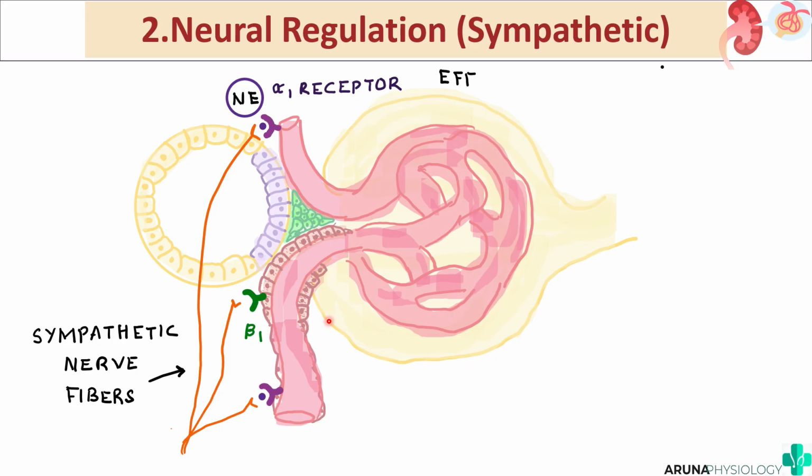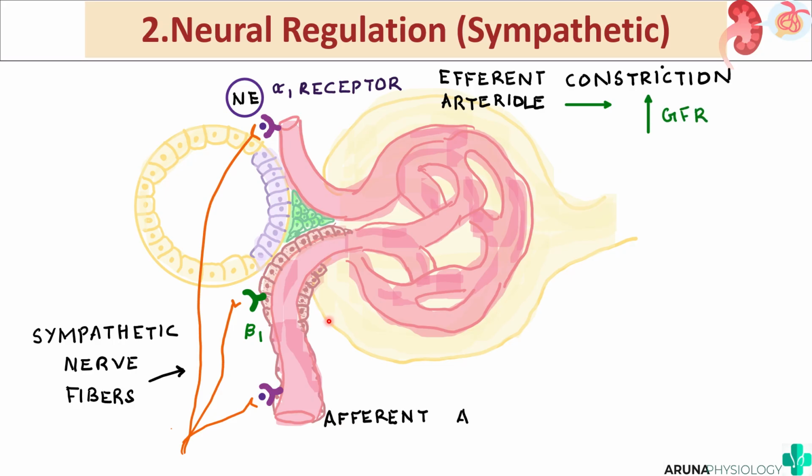So the primary action is efferent arteriolar constriction, which is going to increase the GFR, and the secondary action is, if the amount of stimulation is more, you're going to have an afferent arteriolar constriction, which leads to decreased GFR. So this is how the neural regulation would work.